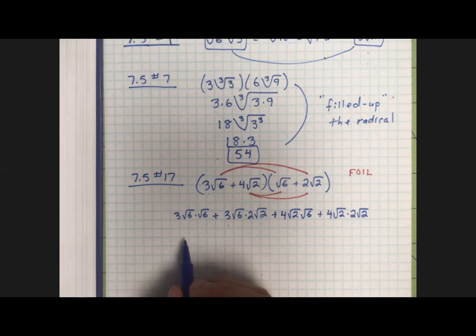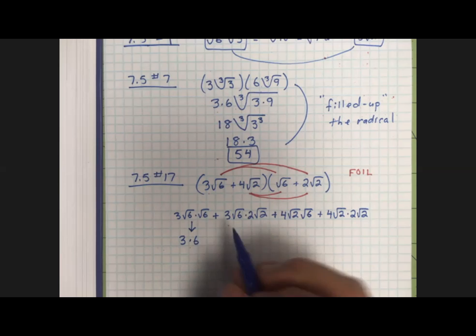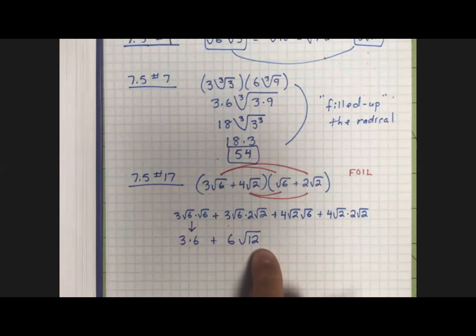I got to clean this all up right here. Now, notice you could call this root 36, but then root 36 is just 6. So right now, this is 3 times 6. Root 6 times root 6, you can just straight away call that 6. Okay, here we got 3 times 2 is 6, and square root of 6 times 2 is the square root of 12.